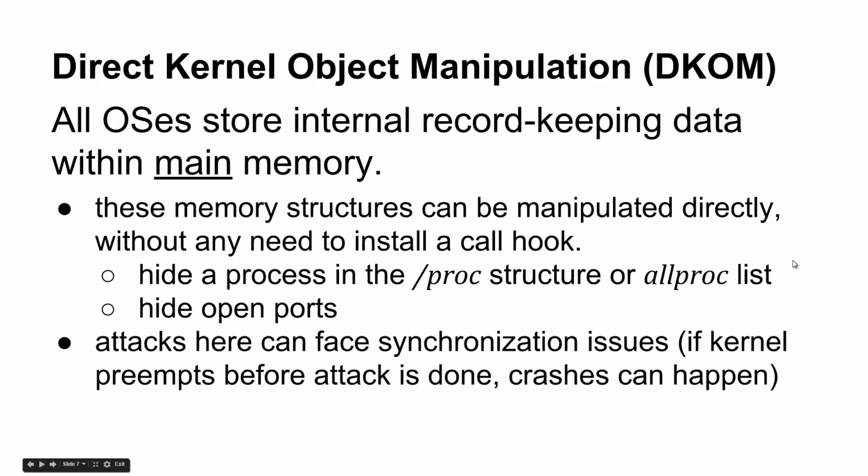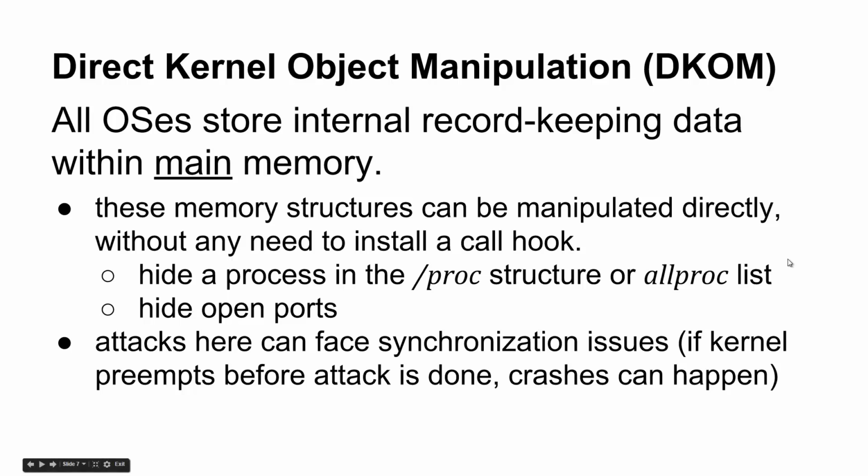Now, directly manipulating the objects used by the kernel in kernel space is another legitimate way to inject a rootkit. All operating systems use some sort of objects to do record keeping within their main memory. These structures can be directly manipulated without an existing LKM or doing any form of hooking.